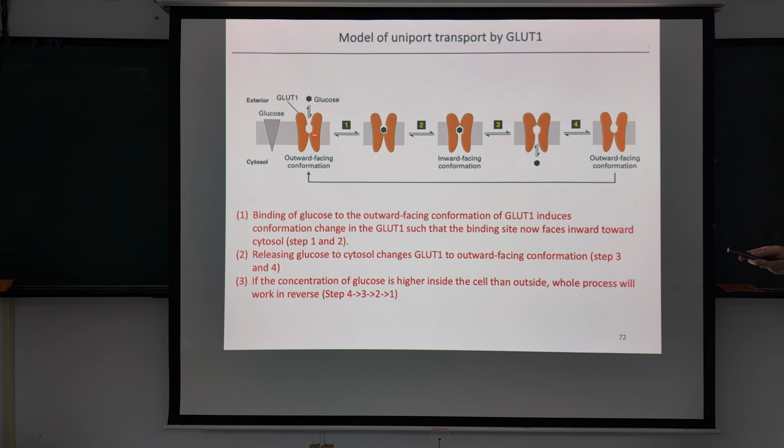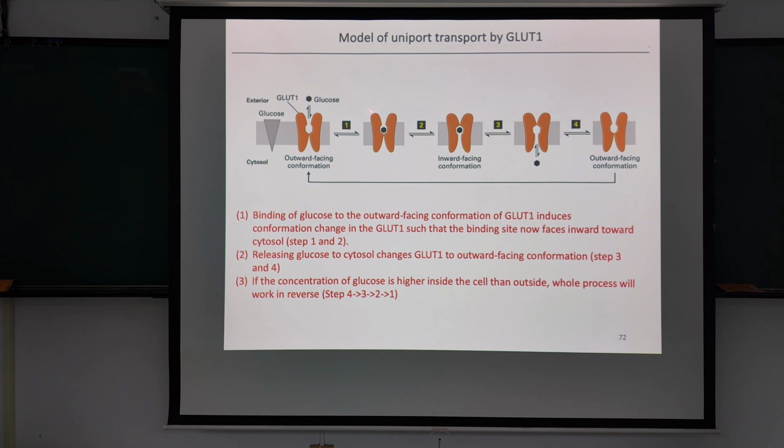It has a glucose binding site, and that binding site will not continuously bind the glucose. The glucose keeps shuttling between the cytosol pool and the binding site, so it keeps binding and dissociating. GLUT1 keeps changing its conformation, and the glucose also binds and dissociates.